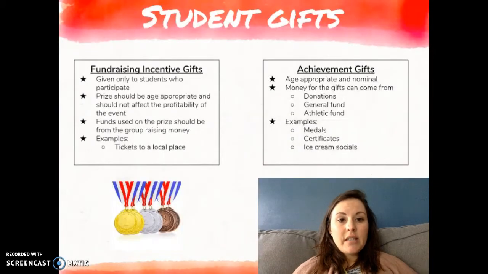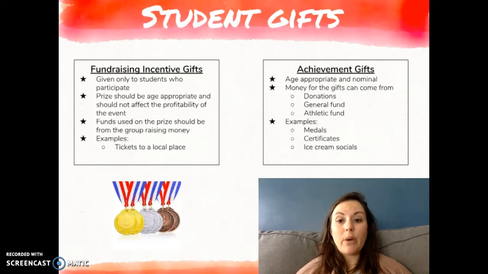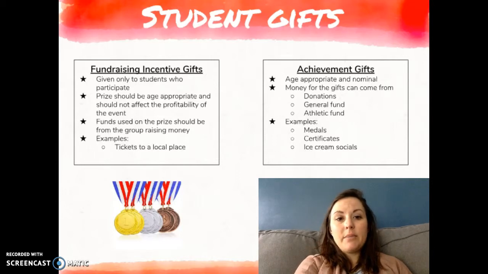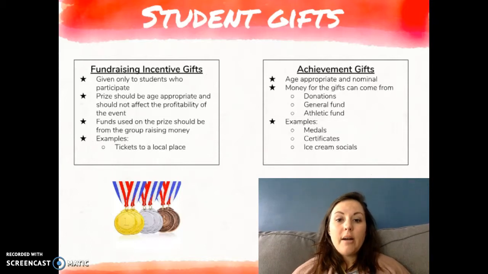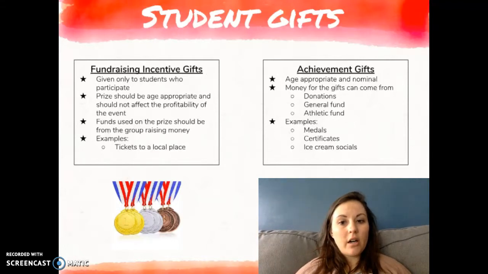The next one is fundraising incentive gifts. These are only given to students that participate within the fundraiser, and they must be age appropriate again, and they should not affect the profitability of the event. That means that the bigger the prize, the more money has to come out of the fund, and the less profit you're going to make. So they should be realistic in how much we are paying for the gift.